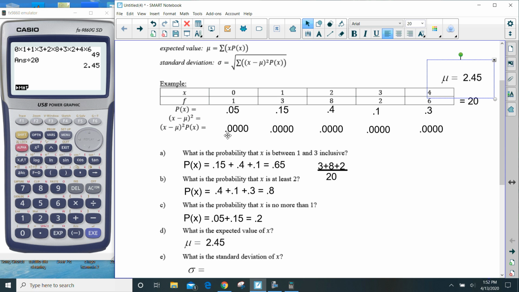All right, so here we go. The first one is (x minus mu) squared times its individual P(X). There you go.